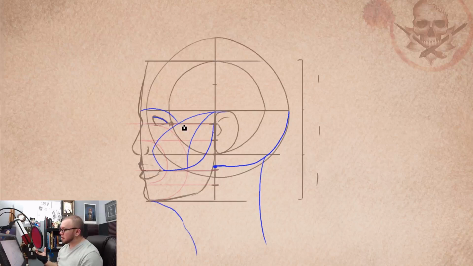I haven't been able to find very many Reilly tutorials as far as a side view, and I think a lot of it is because it's not quite as useful as the front view is. But anyway, I hope that this ends up being helpful for you. We've got another little circle down here where the chin protrudes. But I mean, it's really not as useful as it is from the front view.